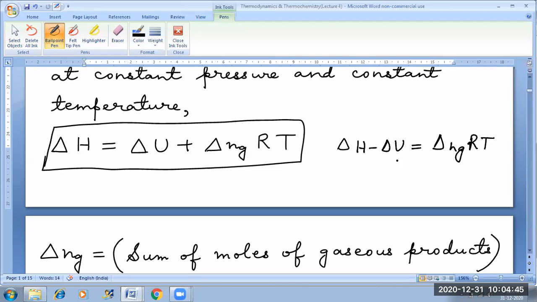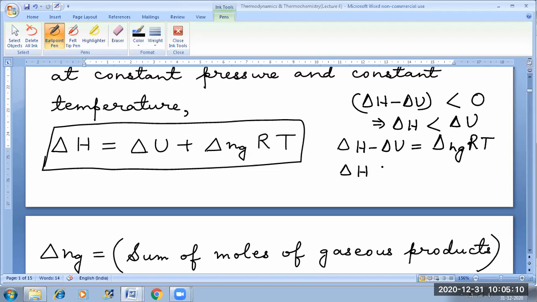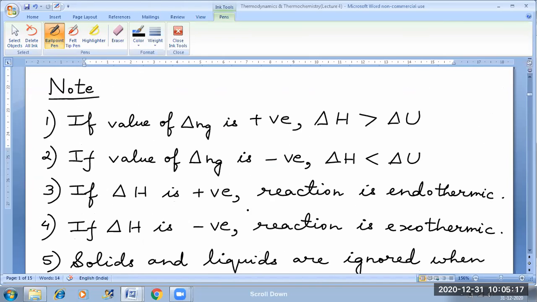So if delta Ng is negative, that means this quantity is negative. Negative means less than 0. On solving this, I'll get delta H less than delta U. Similarly, if delta Ng is positive, then delta H will be more than delta U. That's what is mentioned here.